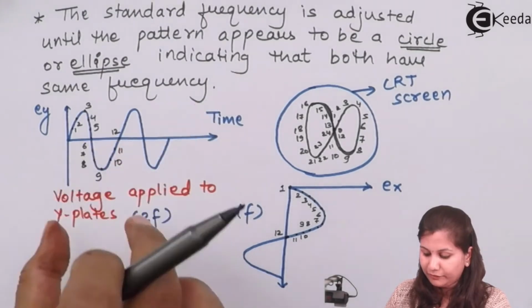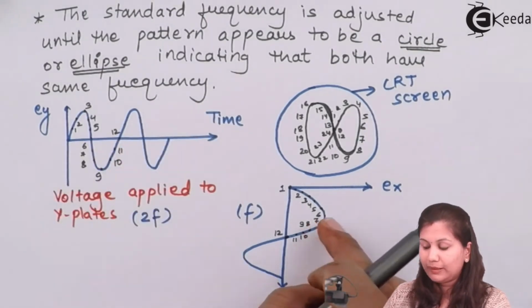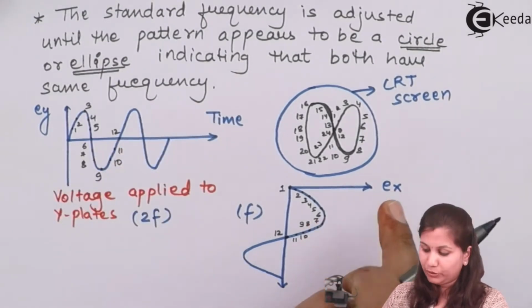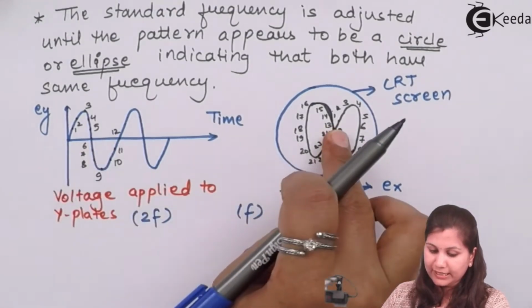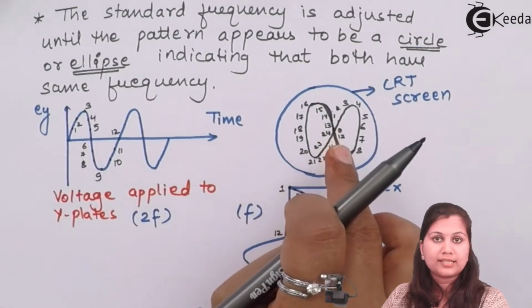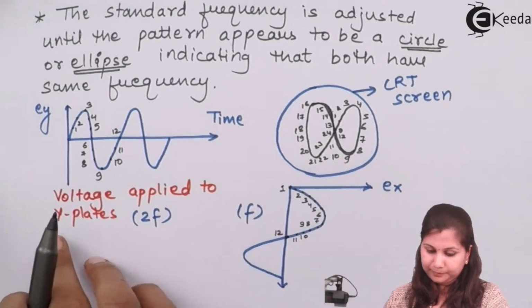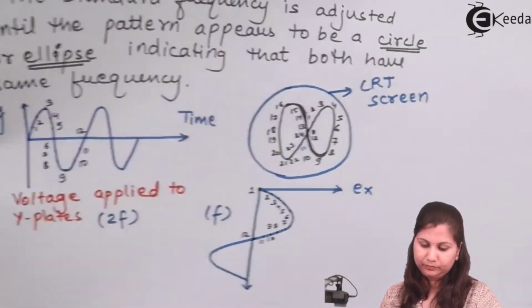So it has a frequency twice the frequency of the standard signal. In this case, we get an output which is an 8 pattern. So we will get different Lissajous patterns when the frequencies of both the signals are different.